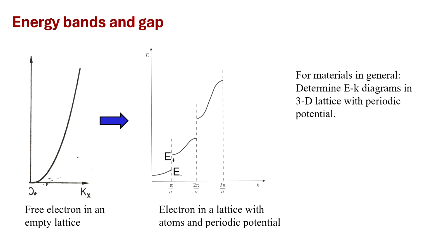So, basically a free electron in an empty lattice acts like that, and when you put that electron in a lattice with a periodic potential, we create a splitting of energy levels at the boundary of the Brillouin zones, and this gives rise to gap states in the E-k diagram. Of course, this is a treatment for a 1D material. You can do a similar treatment, which is far more complicated, for materials in general to determine E-k diagrams in a 3D lattice with periodic potential.